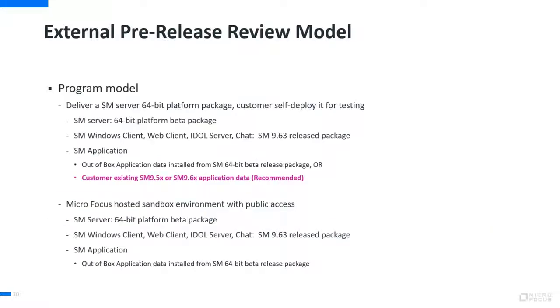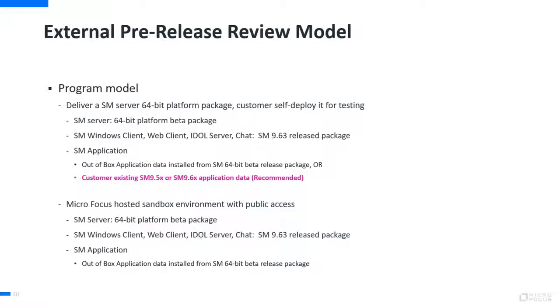About this beta testing program model, we would like to offer two models. Firstly, we deliver an SM server 64-bit platform package to customers. Customers can leverage their own existing SM 9.5 or 9.6 application data to do the testing with this SM server 64-bit platform beta package.